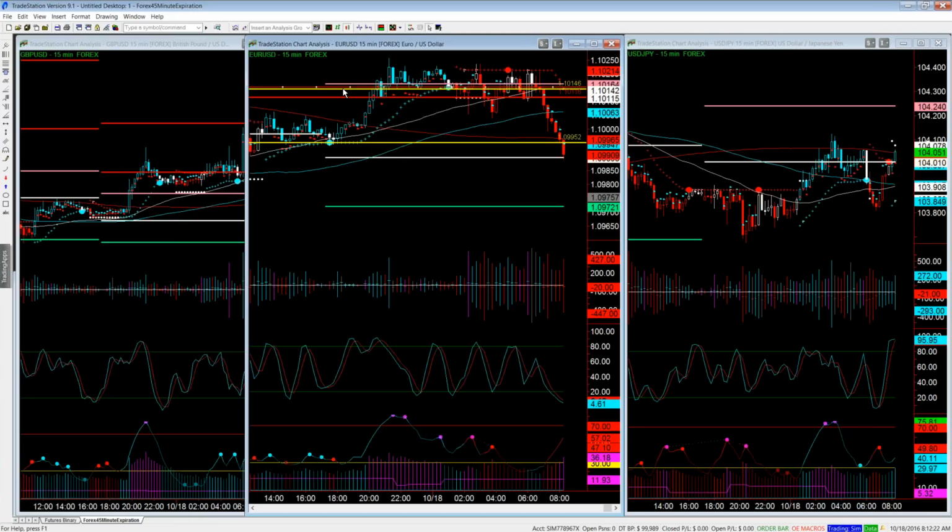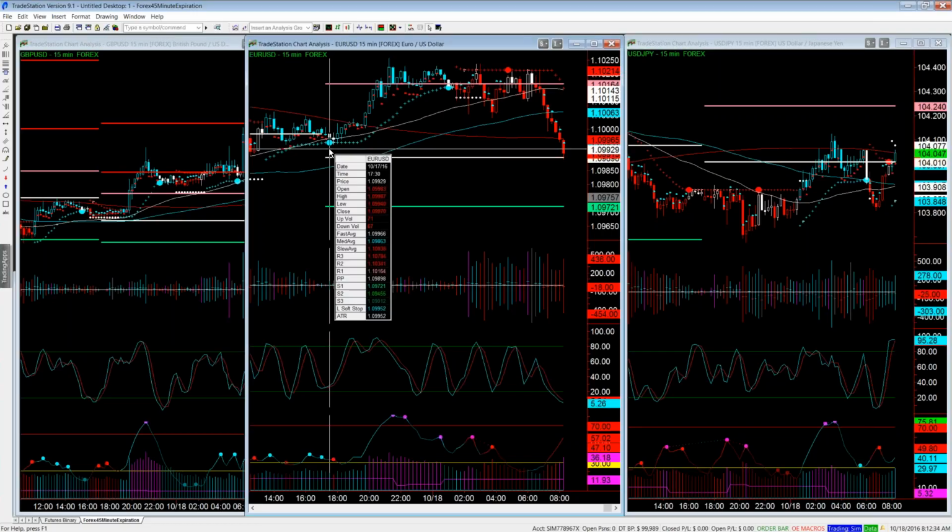Now, that's also if you're trading the actual forex. Now, if you're trading the binaries, okay, when you get this dot, and this is very easy on the euro US dollar, because this dot is at 09.95.